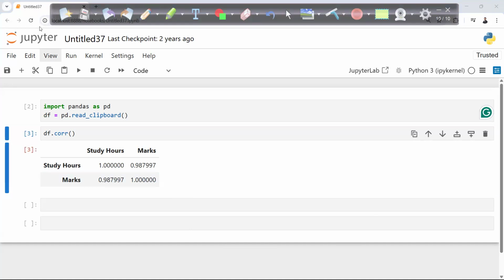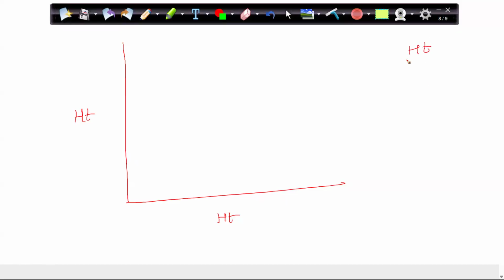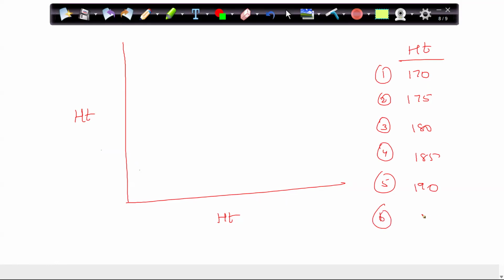Try to understand visually as well. I have my height and I have my height. This is my data set. Let's say my first learner's height is 170 centimeter. Second learner's height is 175 centimeter. Third learner's height is 180 centimeter, 185 centimeter, 190 centimeter, 192 centimeter. Let's say these are the learners.